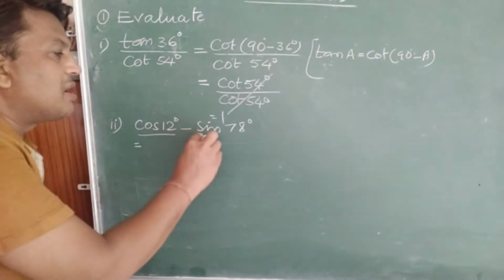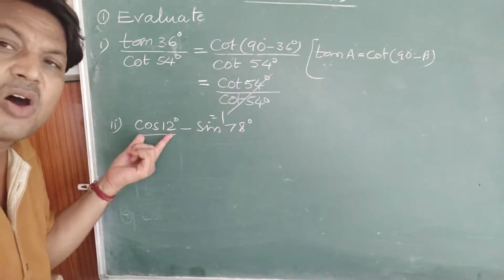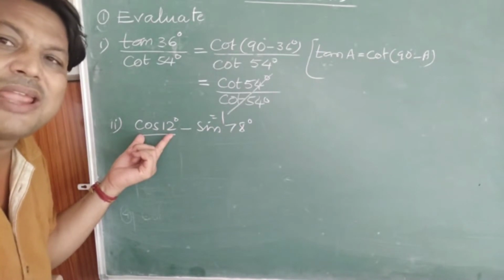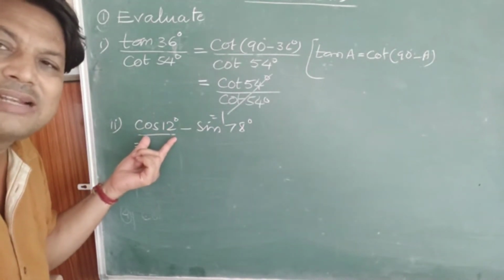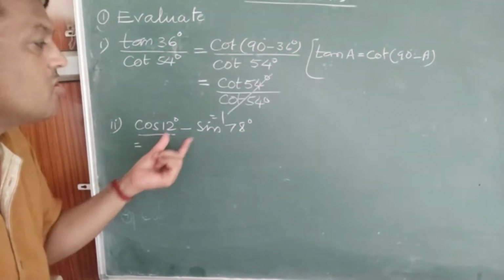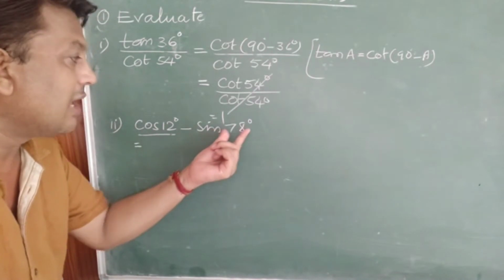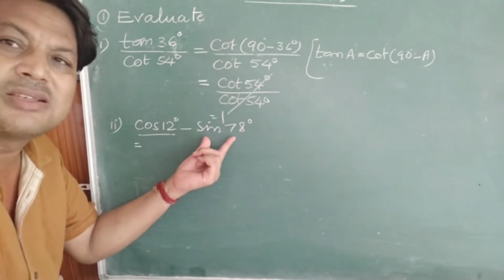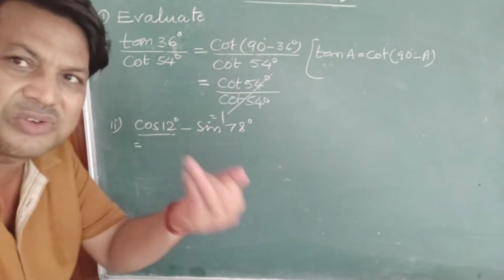You will convert this one or that one as you wish. If you are taking this one, cos A is equal to sin 90 minus A. In the place of cos A, I can write sin 90 minus 12. Or you can convert this one as you wish. Sin A is equal to cos 90 minus A, so cos 90 minus 78. As you wish, children.